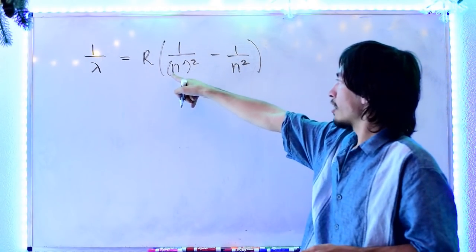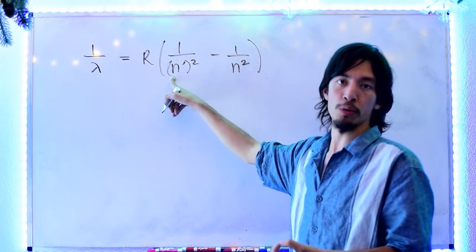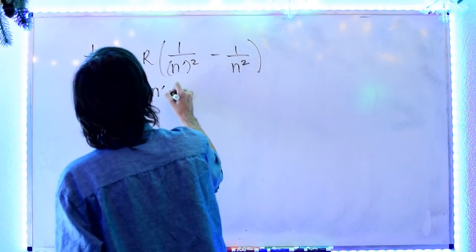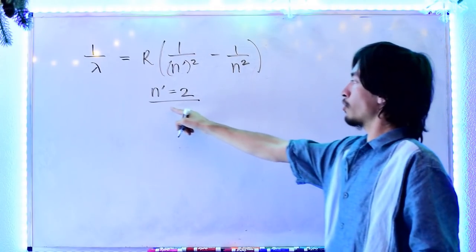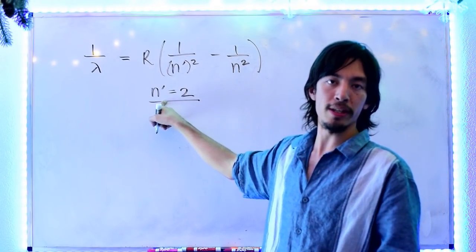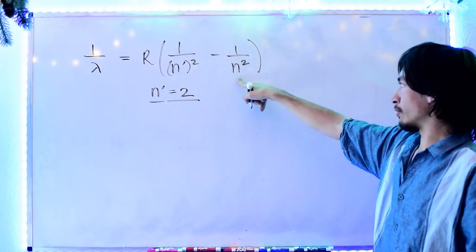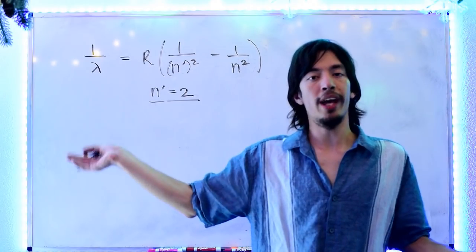We know that n prime has to be 2 because that's the energy level that you go to, and that has to be a lower energy state. So n prime equals 2. This is also characteristic of a series that we call the Balmer series. The n level is the energy level that you start at, but I don't hand it to you immediately.